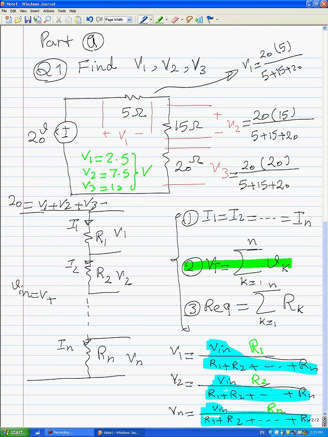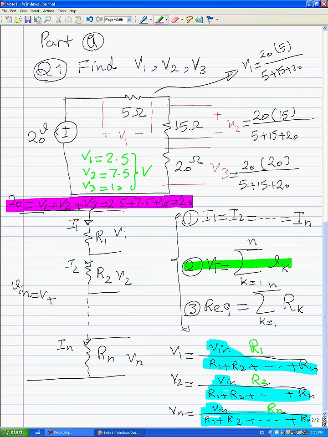And you can check that our answers verify this equation: 2.5 plus 7.5 plus 10 is equal to 20. That's why we are in the right direction to solve this question.